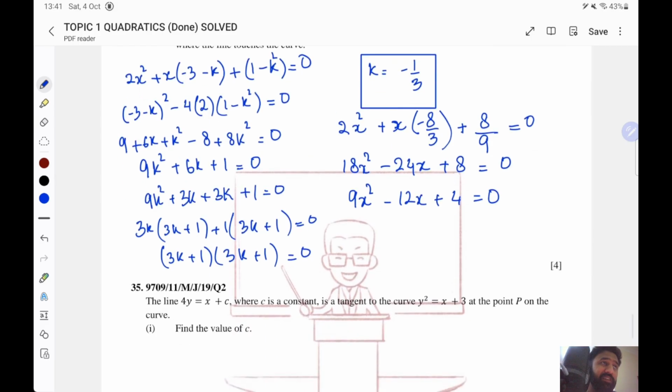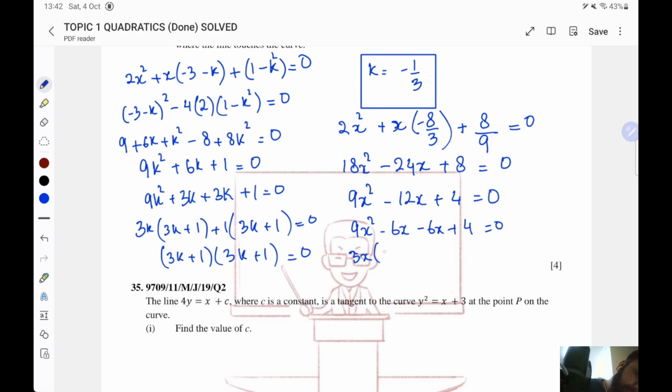So it's 36. Yeah, the two factors that we can have can be −6 and −6. So 9x² − 6x − 6x + 4 = 0.